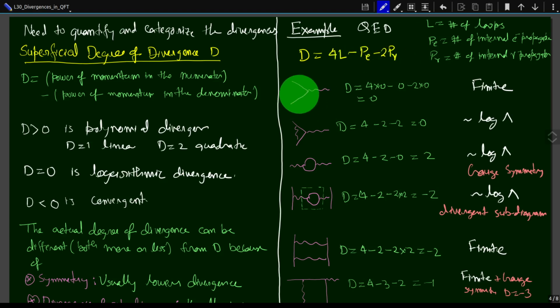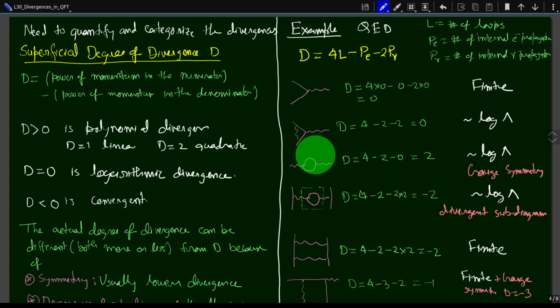If I look at this diagram, it has no loops, so L equals 0, it has no internal fermions and no internal photons, all of them are external. So this gives D equal to 0, and since there was no loop, it is actually finite. D equal to 0 usually doesn't mean finite, it means logarithmically divergent, but since there is no integral to be computed, it is finite. Now let's look at the same diagram with one photon exchange.